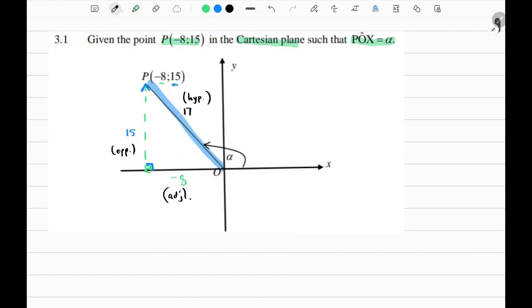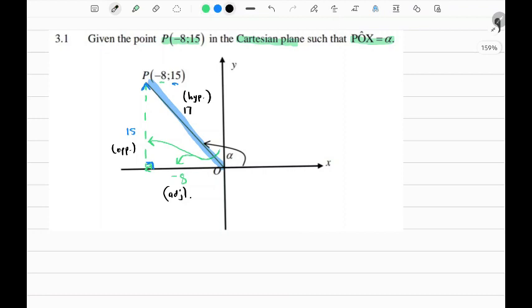By definition, tan alpha would be the opposite side with respect to the angle alpha over the adjacent side. So it would look something like this.